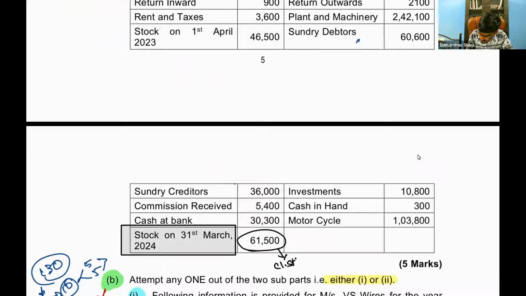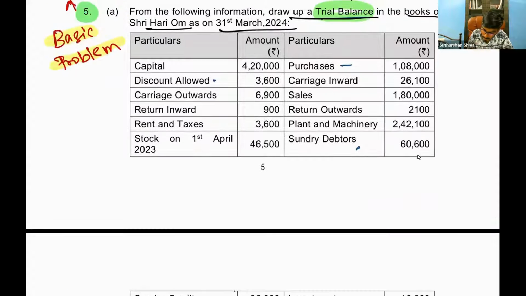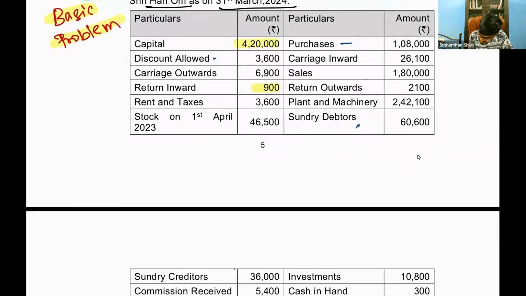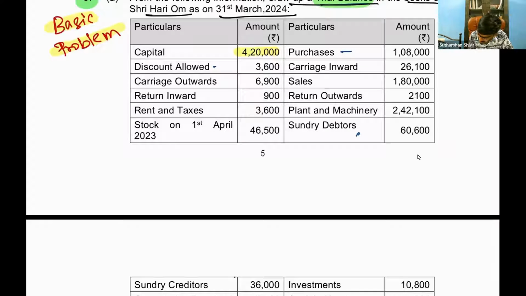Closing stock, you cannot put it in your trial balance. Okay. So what will it become? Capital will have a credit balance. Then we'll first mark whatever is a credit balance. Capital. Then we'll go for returns inward. Returns outward is your credit value.